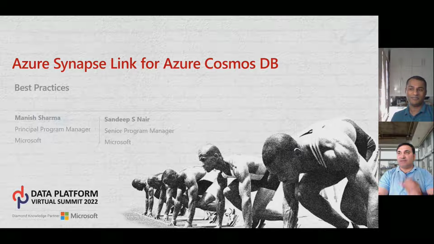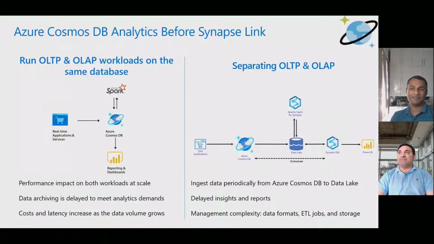So without spending any time, let's dive in. Here we have two scenarios. These are typical scenarios: you have ingestion of data into an OLTP store, which is Cosmos DB, and then another scenario where you extract the data from Cosmos DB and store it into a data lake.